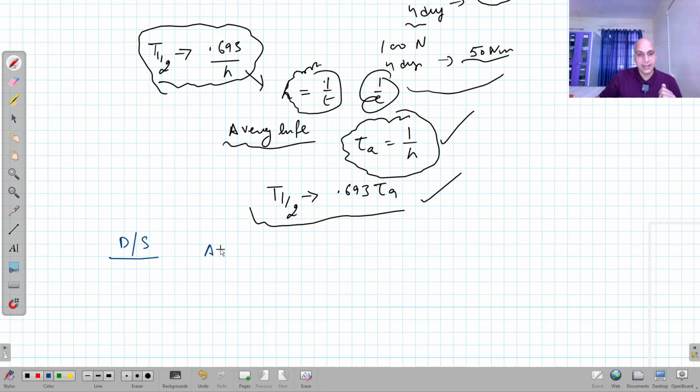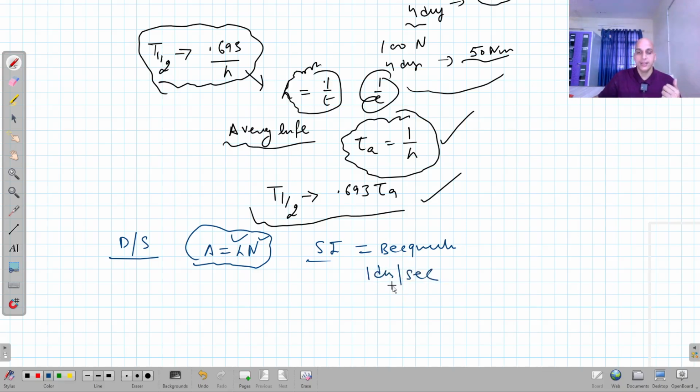It is defined as A is equal to lambda into N. So the SI unit of activity is Becquerel, and Becquerel means 1 disintegration per second. It is named after Sir Henry Becquerel, who discovered radioactivity.